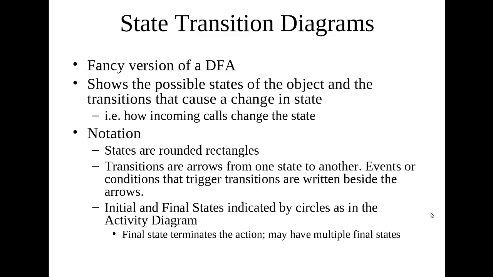In a state transition diagram, we understand that it is similar to a DFA, where we have states. These states are in a rounded rectangle, and there are transitions from one state to another, shown as arrows. The event which triggers a transition is written beside the arrow.